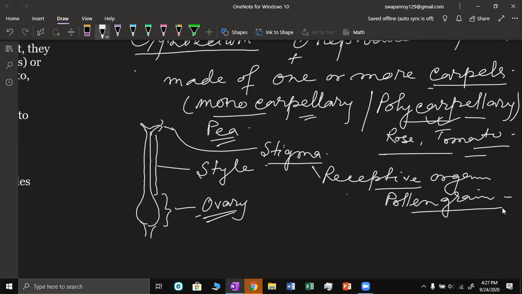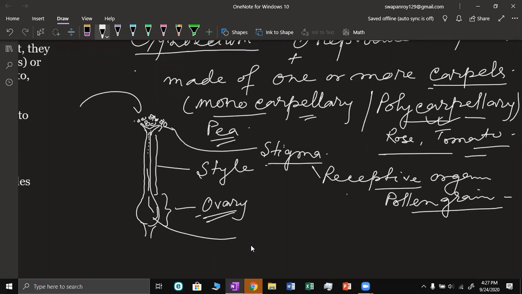During pollination, pollen grains are deposited on the stigma surface. From here, the pollen grains germinate and move to the ovary.